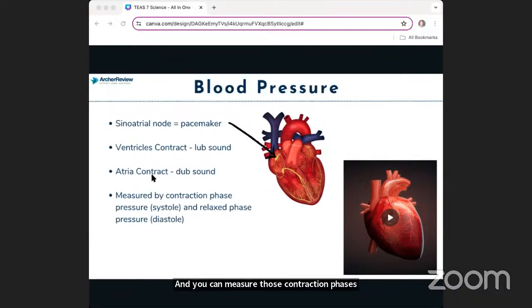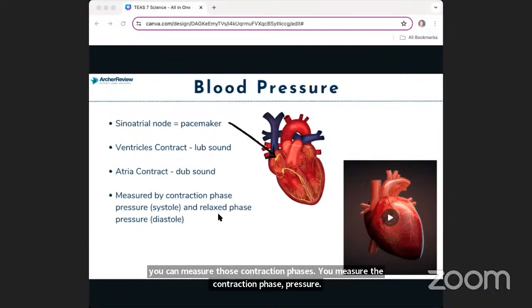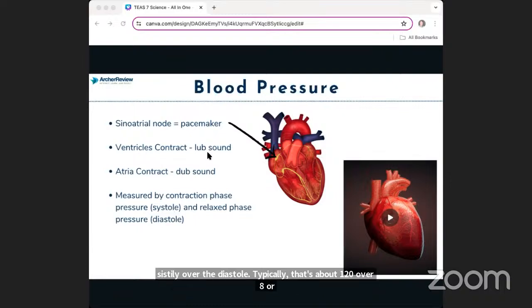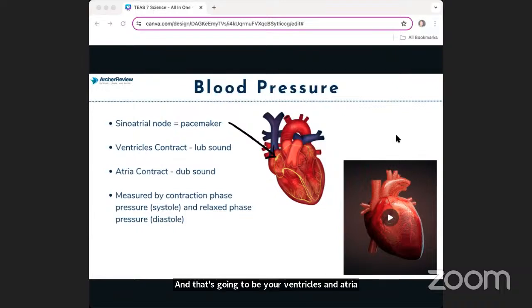You measure the contraction phase pressure over the relaxed phase pressure. And so you've got the systole over the diastole. Typically that's about 120 over 80 for your blood pressure. And that's going to be your ventricles and atria contraction over top of that relaxation phase.